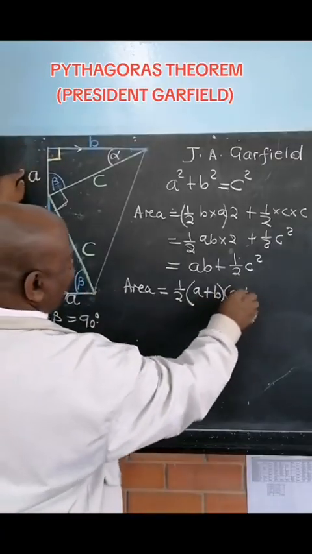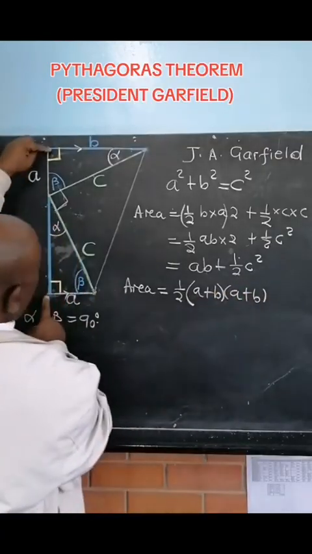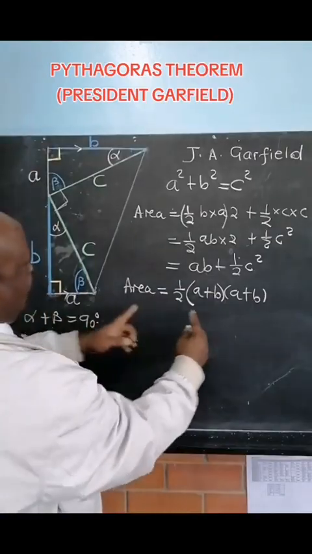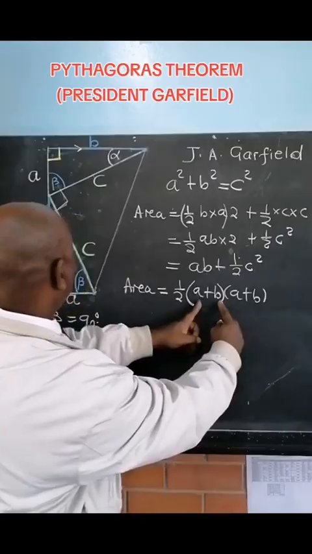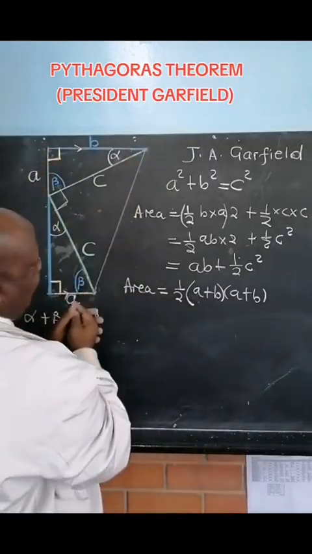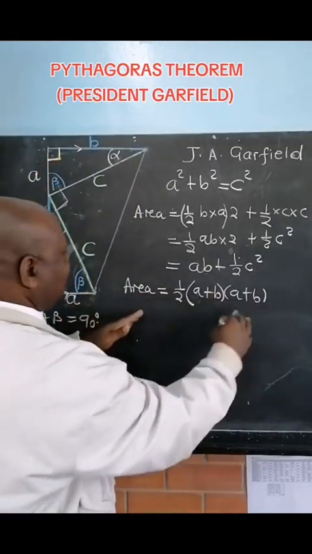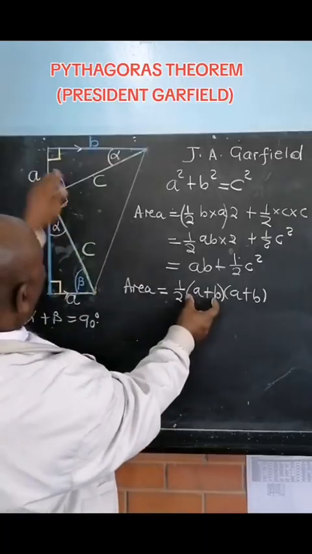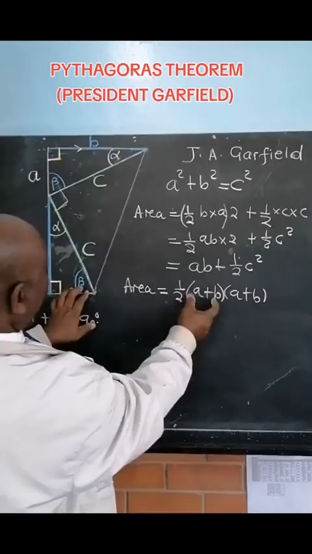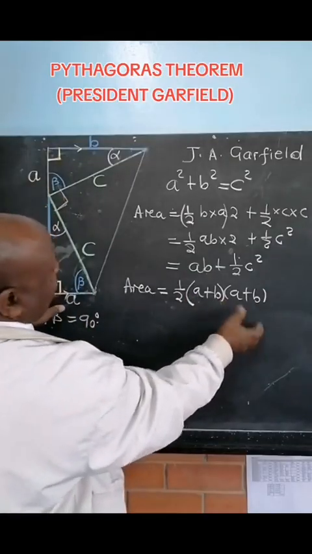So I'm going to have a plus b as this height here, and a plus b as the sum of the parallel sides. So that is the area of a trapezium, half of the sum of parallel lines multiplied by the perpendicular height.